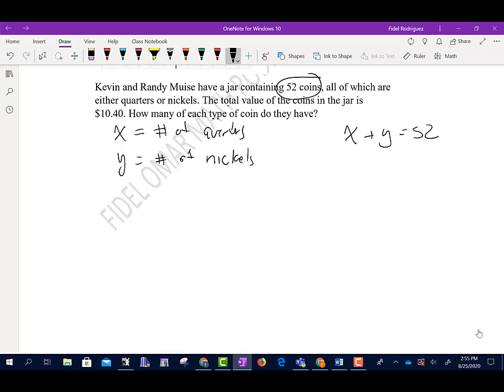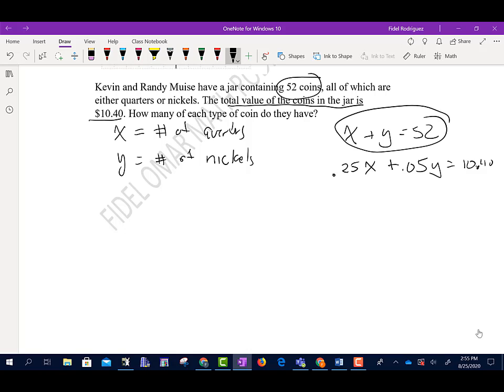The second equation will talk about the value of those coins. Each quarter is worth 25 cents. So I'm going to take 0.25 times however many quarters I have, plus 0.05, because that's the value of a nickel, times however many nickels I have, and that should give me $10.40. So what I want to do is solve the first equation for y.